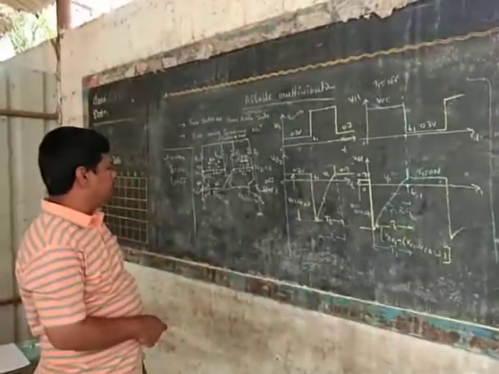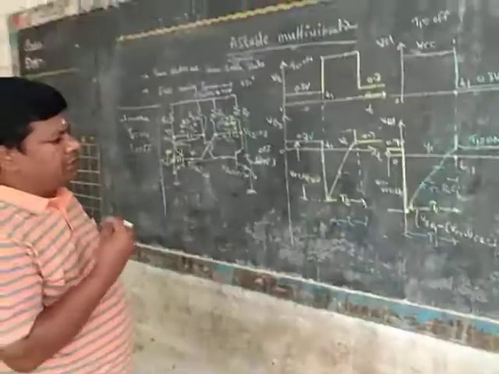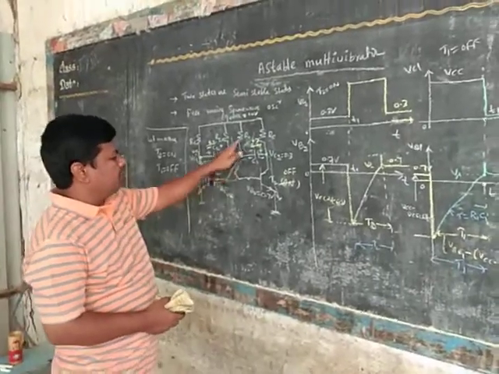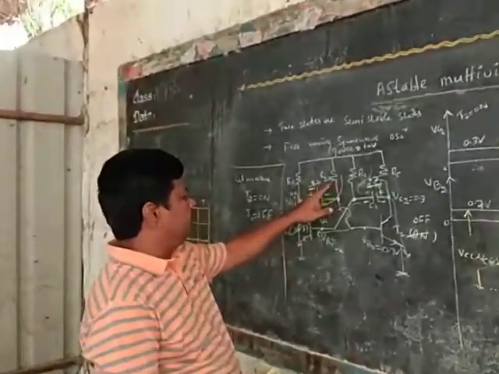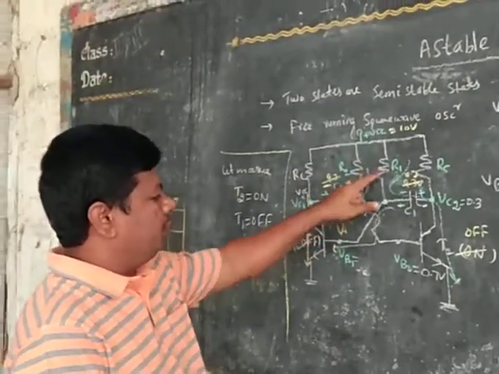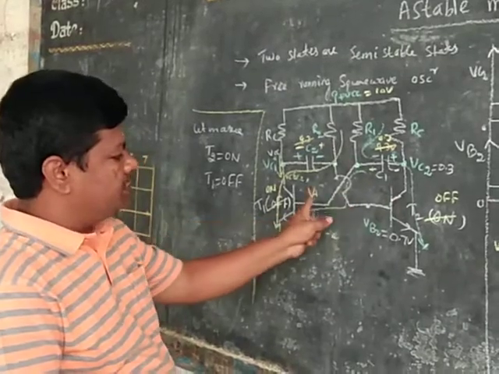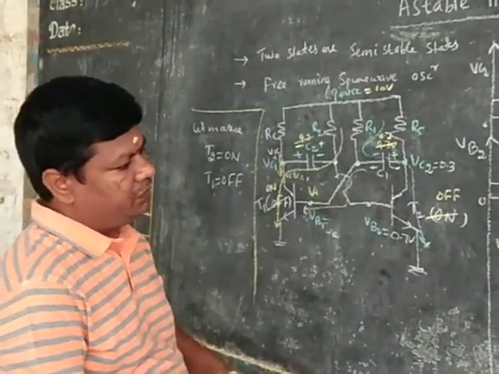Why it is free running means, without applying any external trigger signal, the circuit itself changes the states depending upon the RC time constant in the circuit, R1 C1 one time interval and another time R2 C2. Depending upon these two time intervals, the circuit itself changes from one semi-stable state to another semi-stable state.